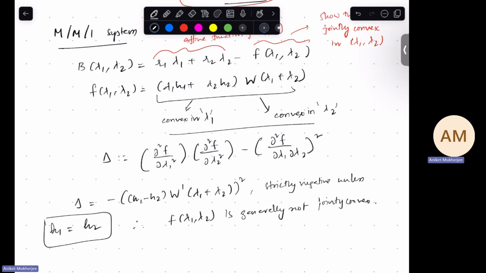All these properties are weak and hold for many queue models, not just for the MM1 case. So if we change the case where it's not MM1, non-convexity will be encountered in most of the cases. MM1 will be the simplest of the cases.